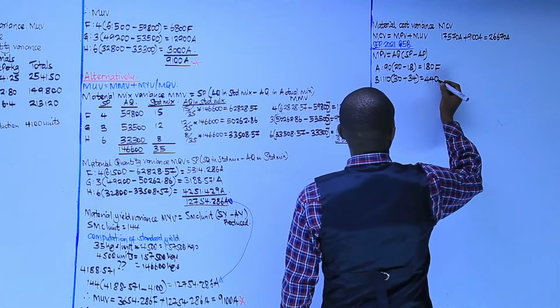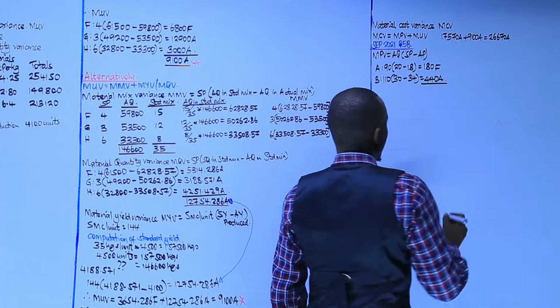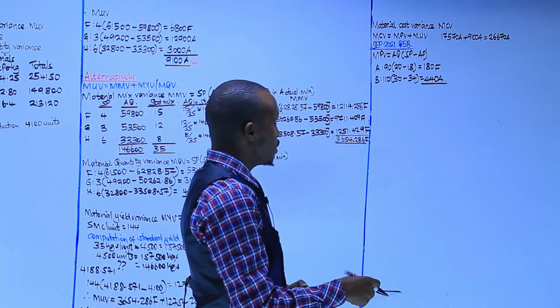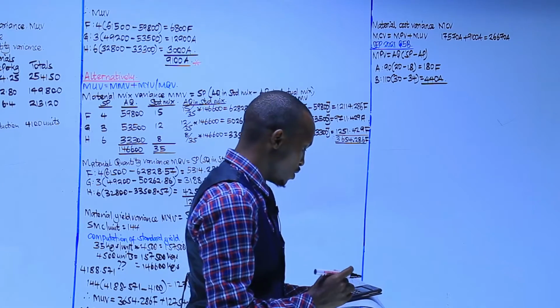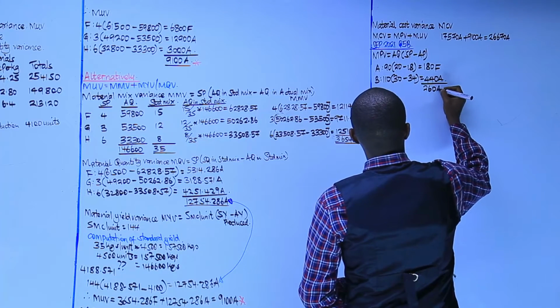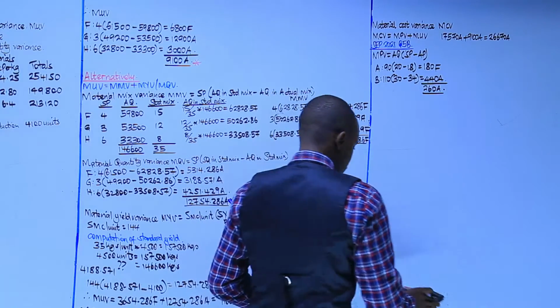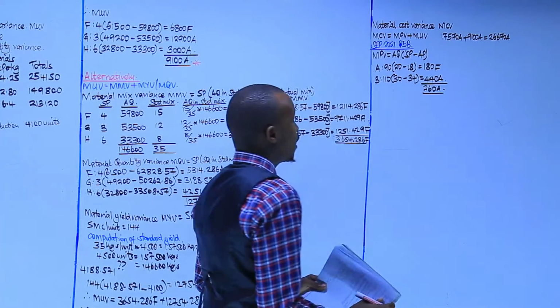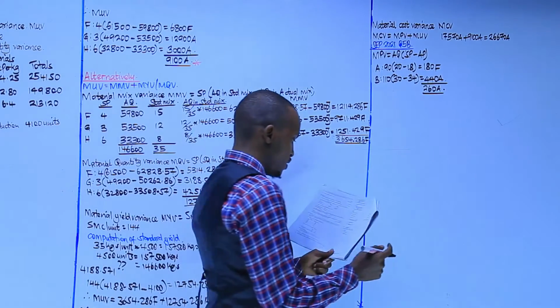So that is adverse because you've spent an extra amount. Then you confirm what kind of variance this is, and this is 260, which is adverse. That is your material price variance.